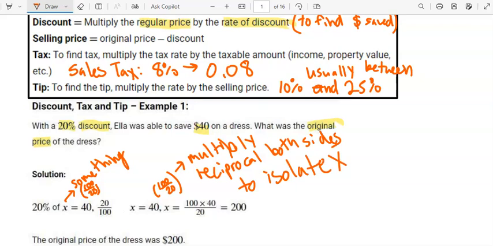And so then you have 100 times 40 divided by 20. Well, 100 divided by 20 equals 5, and 5 times 40 equals 200. That's why the answer is 200.